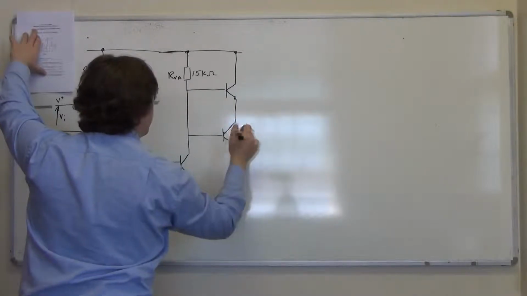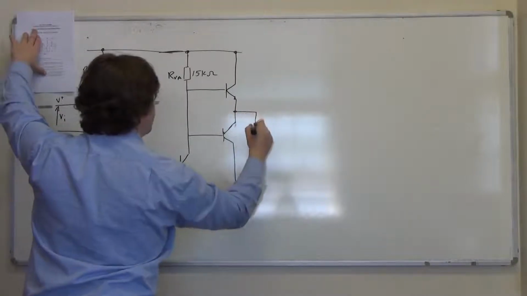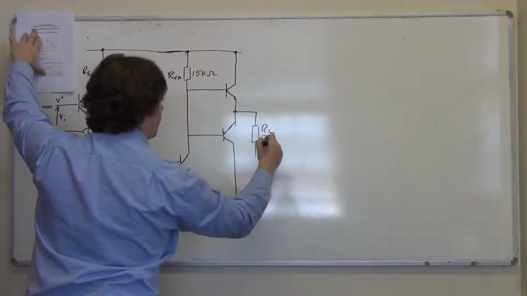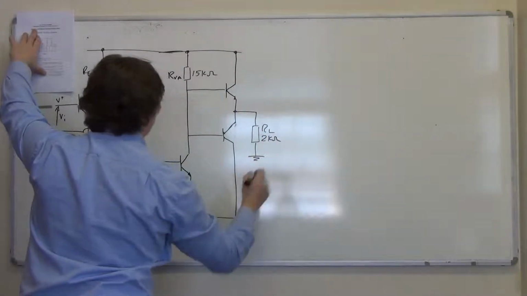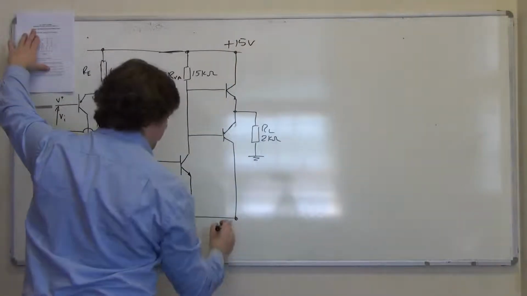And the output's taken from here, and there's a load which is 2 kiloohms, RL 2k. And this is plus 15, and this is minus 15.